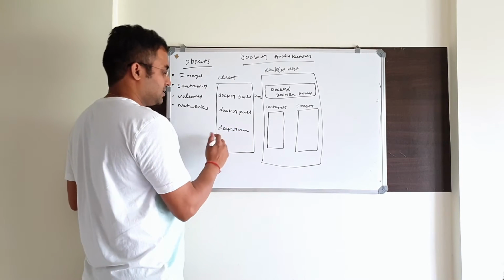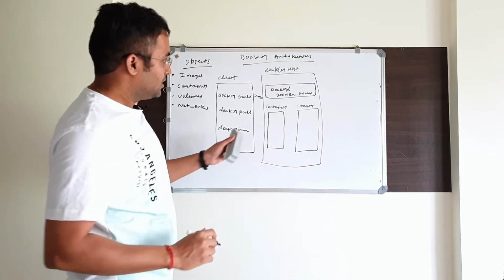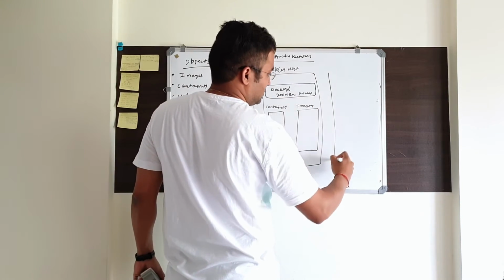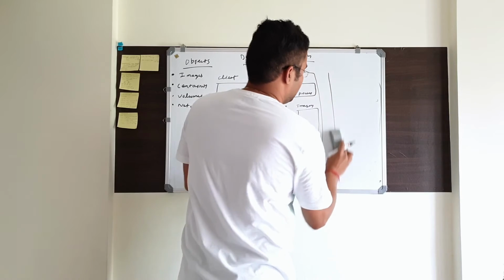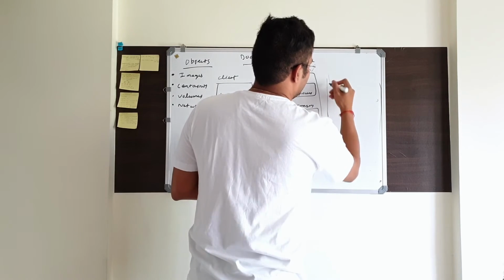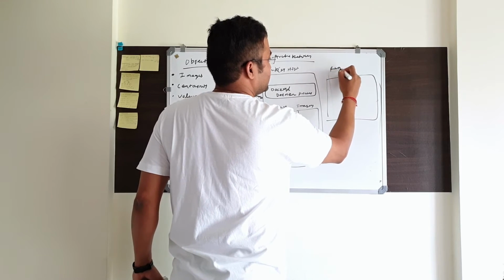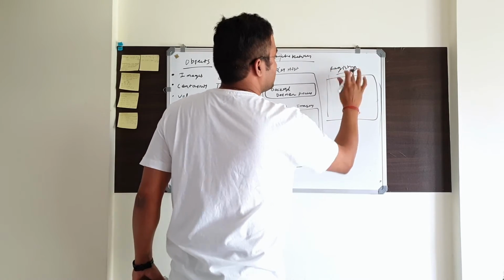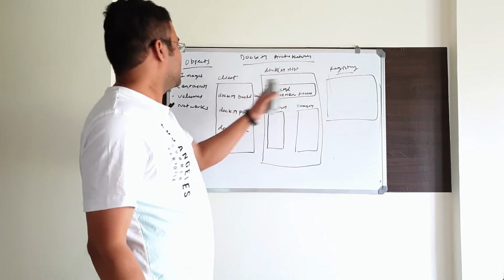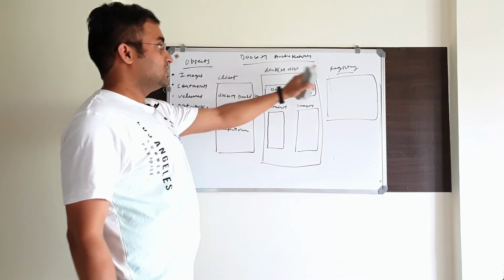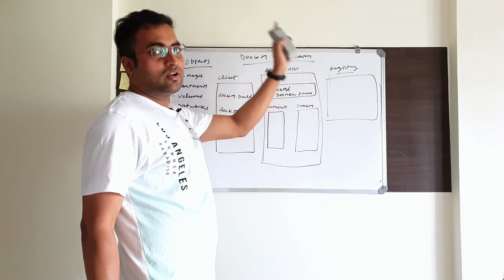Okay, all these commands. Once this is done, then we have the registry. So what is this registry? In this registry, Docker saves all these images. This registry can be a local registry or a remote registry.